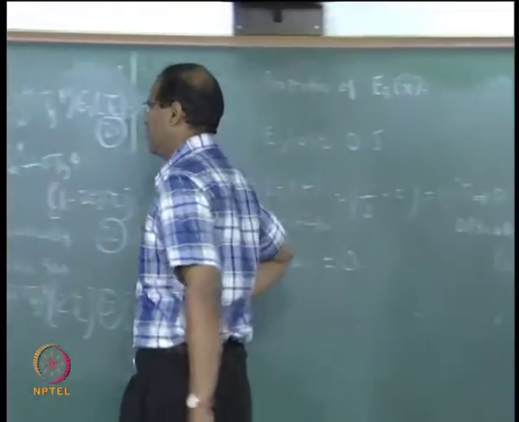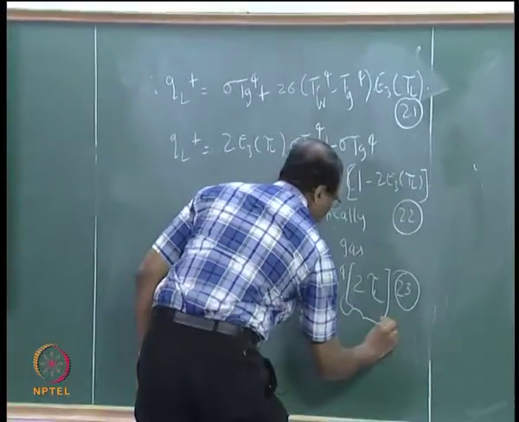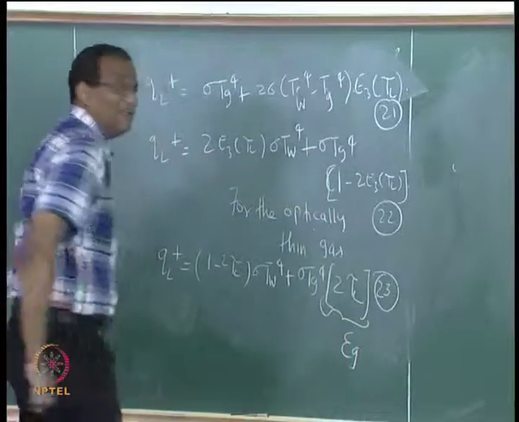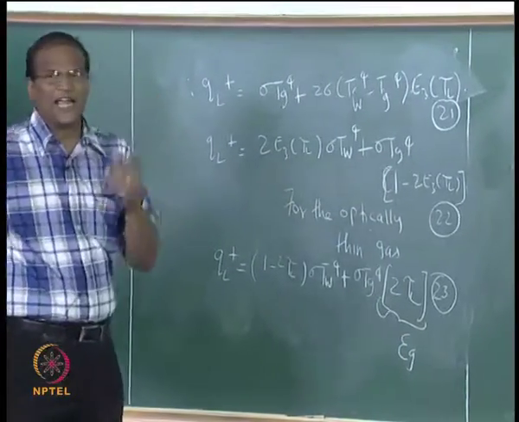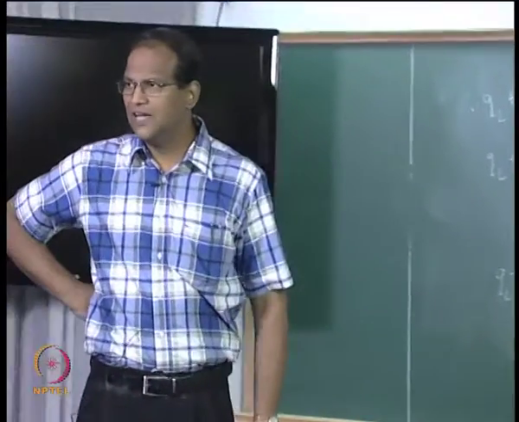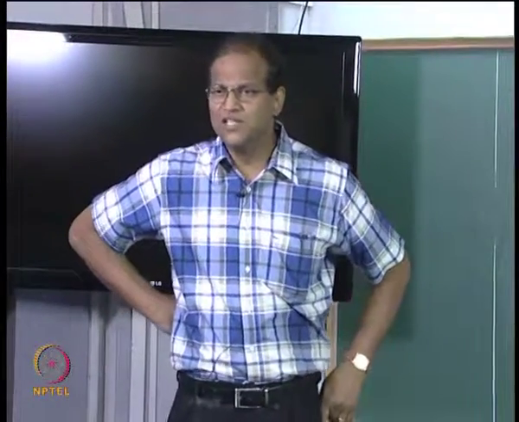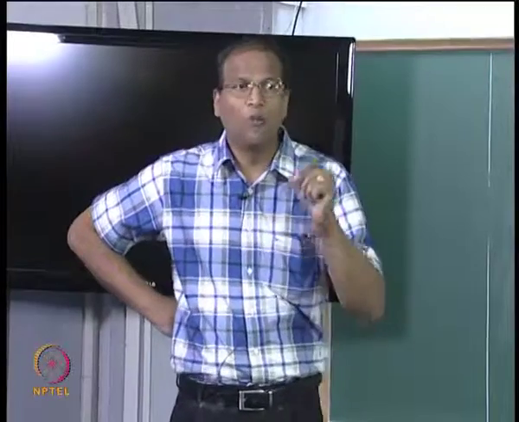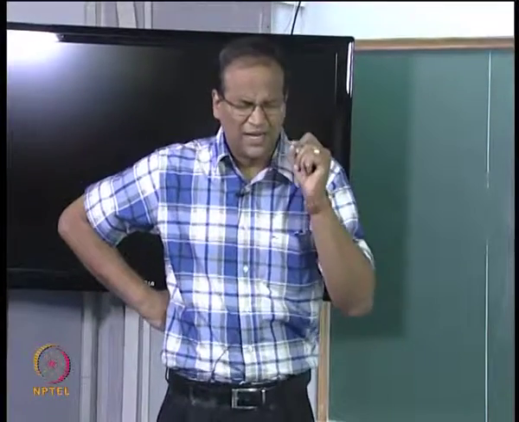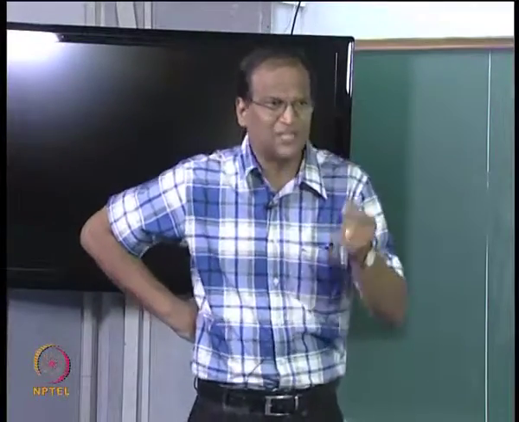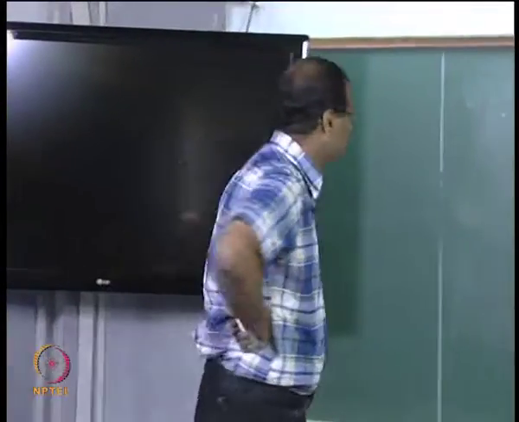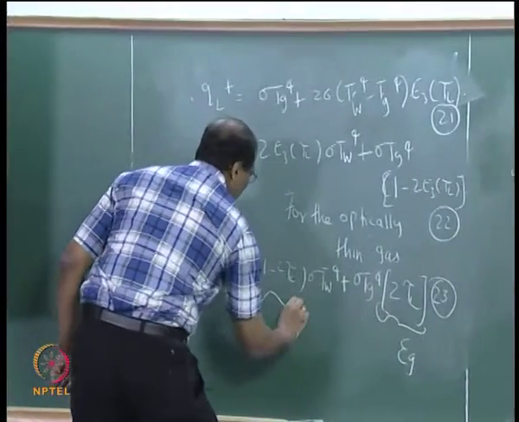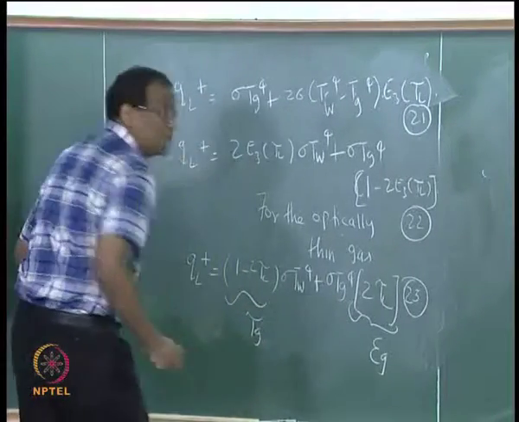Therefore, if we say this tau L is an equivalent gas emissivity, then the second term is epsilon g sigma Tg to the power of 4. What is that radiation which is emitted by the gas which is arriving at the elemental area at x equal to L. So this can be treated as the transmissivity of the gas.